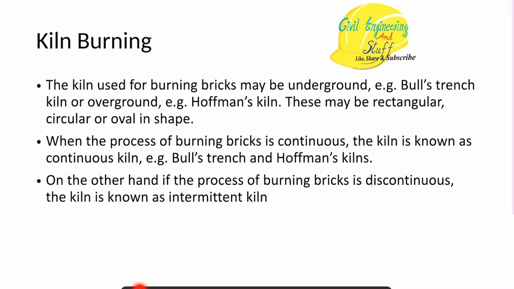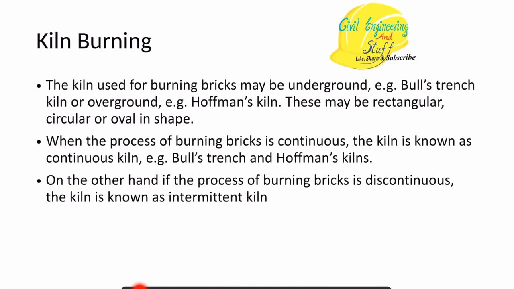After that, the kiln is restarted. That is, the fuel is again put, again it is ignited, the temperature is reached, and again the material is inserted. So the process in which the burning of the brick is discontinuous is called an intermittent kiln, while where the burning process of the bricks is continuous is called a continuous kiln.